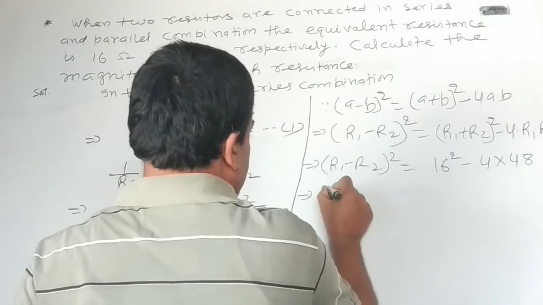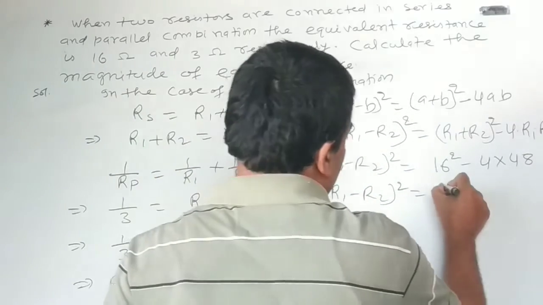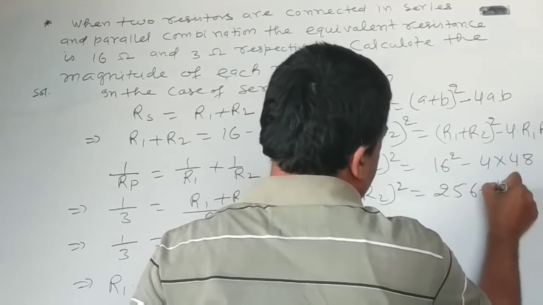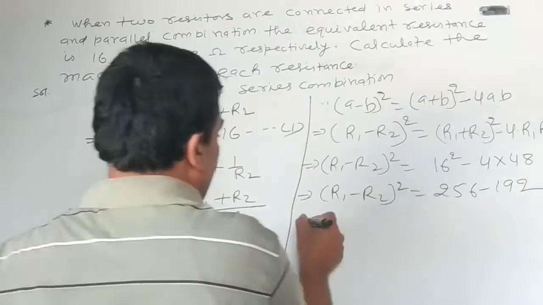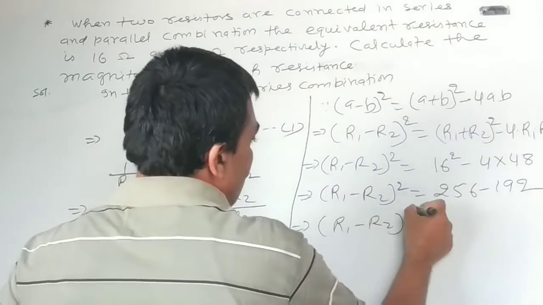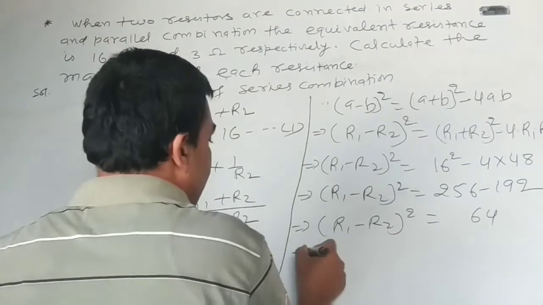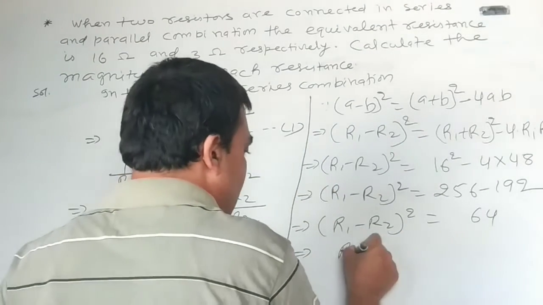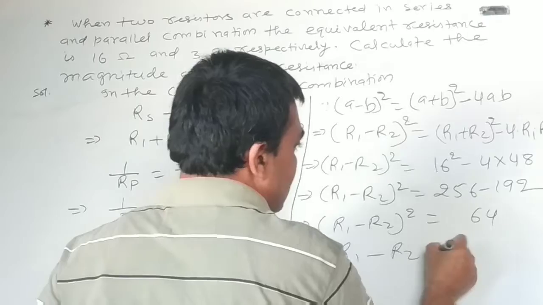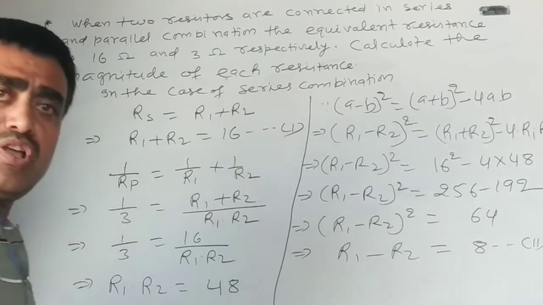That implies R1 minus R2 whole square is equal to 256 minus 192. That implies R1 minus R2 whole square is equal to 64. After solving it, R1 minus R2 is equal to 8. This is the equation 2.